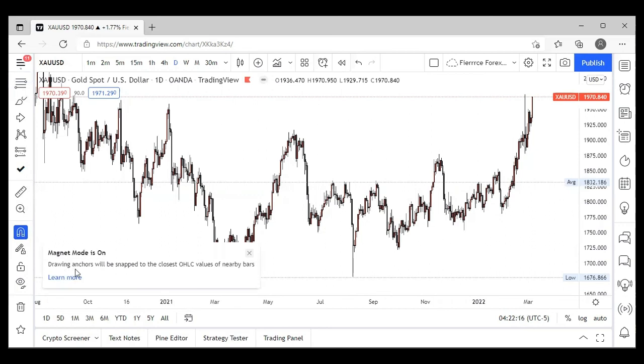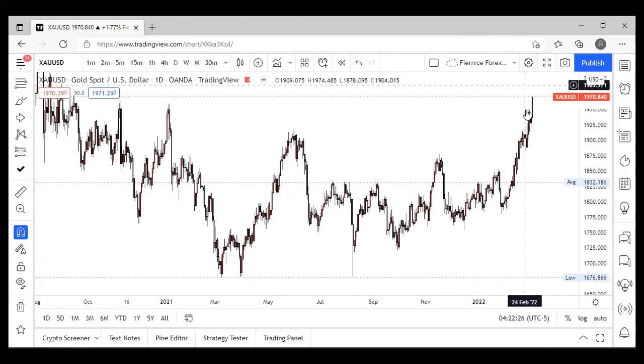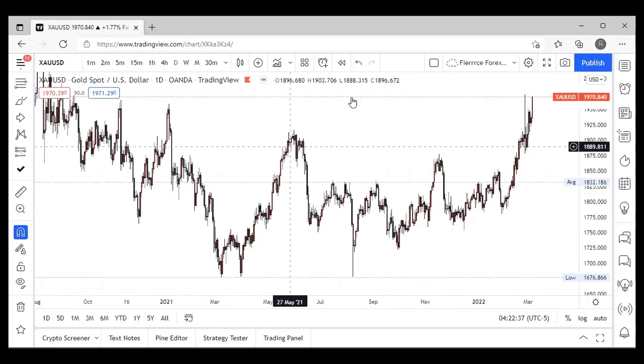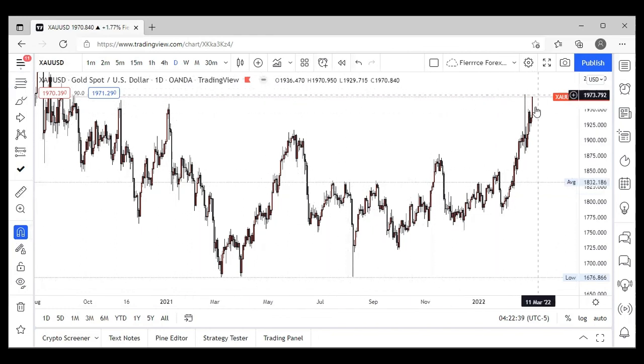But basically, drawing anchors will be snapped to the closest OHLC values of nearby bars. So anything you put on the drawings will be based off the nearest highs and lows. You'll see the markings you put on your chart near the highs and lows. Hopefully that makes some sense.